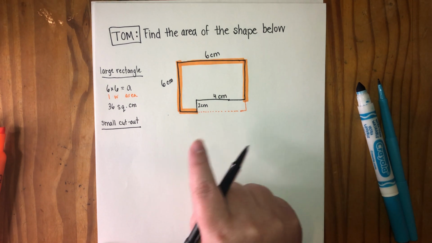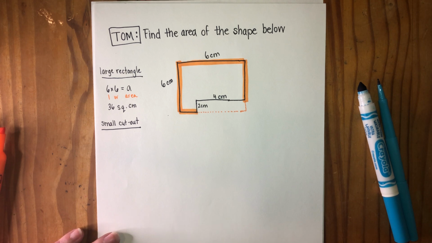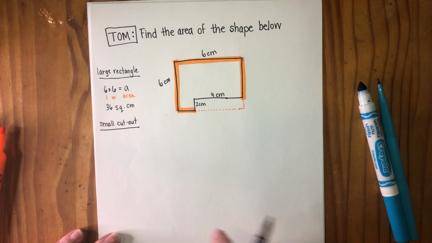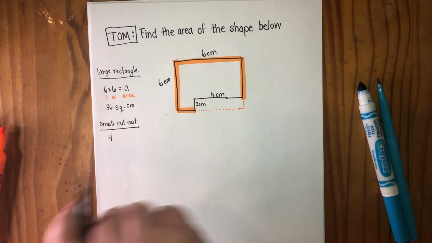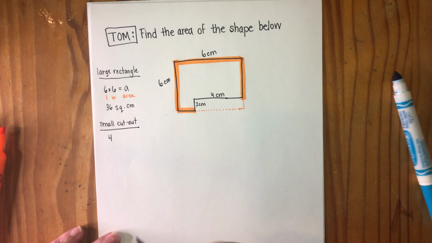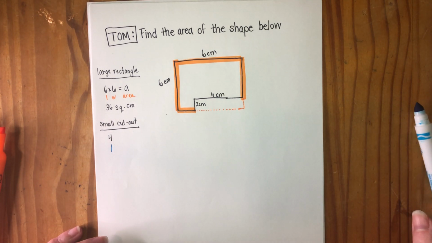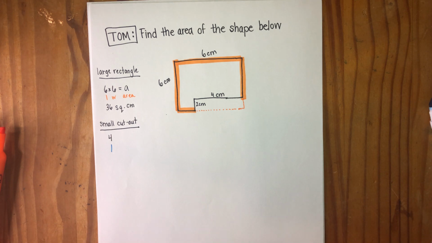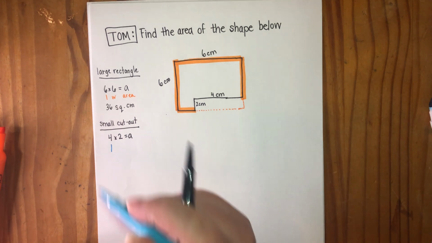What was the area of the small rectangle that you want to cut out? Say it out loud. Great job. We want to multiply the length, which is 4 centimeters, and the width of the small rectangle to find the area.